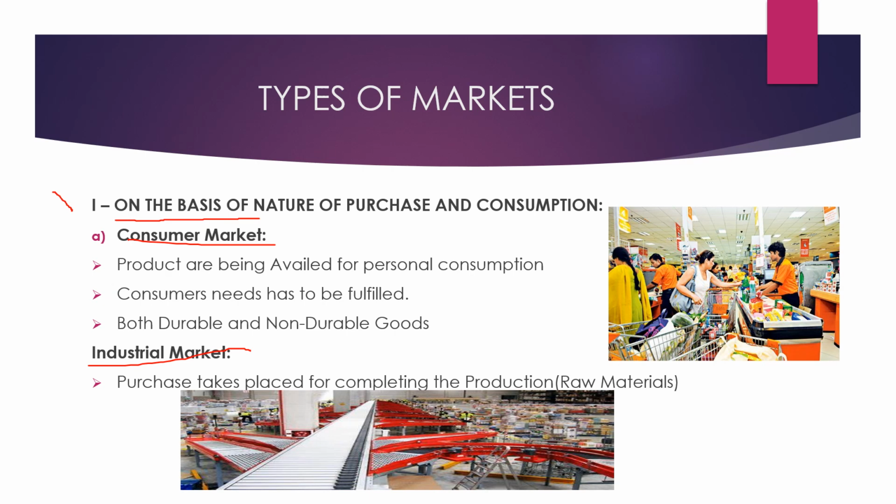And industrial market means the entire industrial based activity. The consumer market is one in which products are available for personal consumption and consumer needs have to be fulfilled, both durable and non-durable goods. Consumption means when a particular person is using something for personal use.